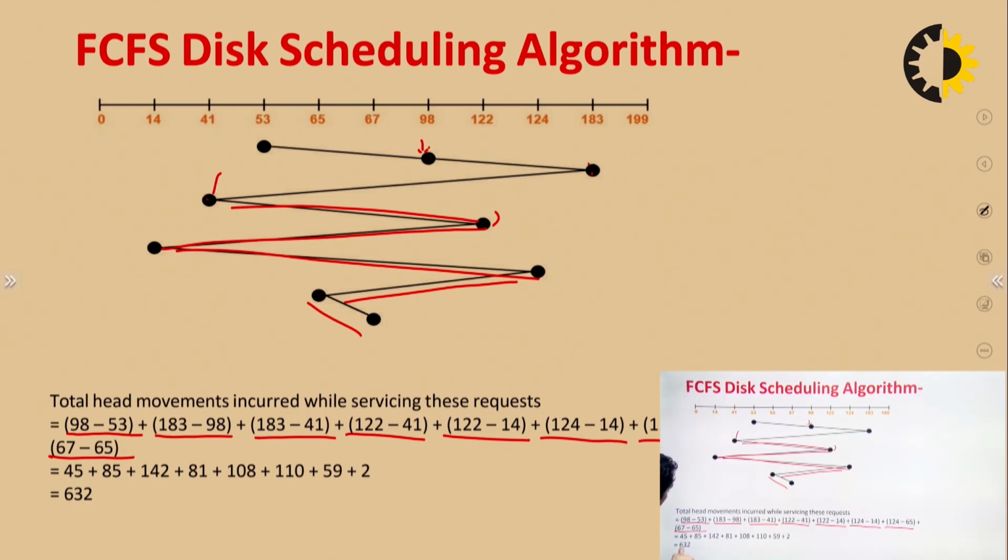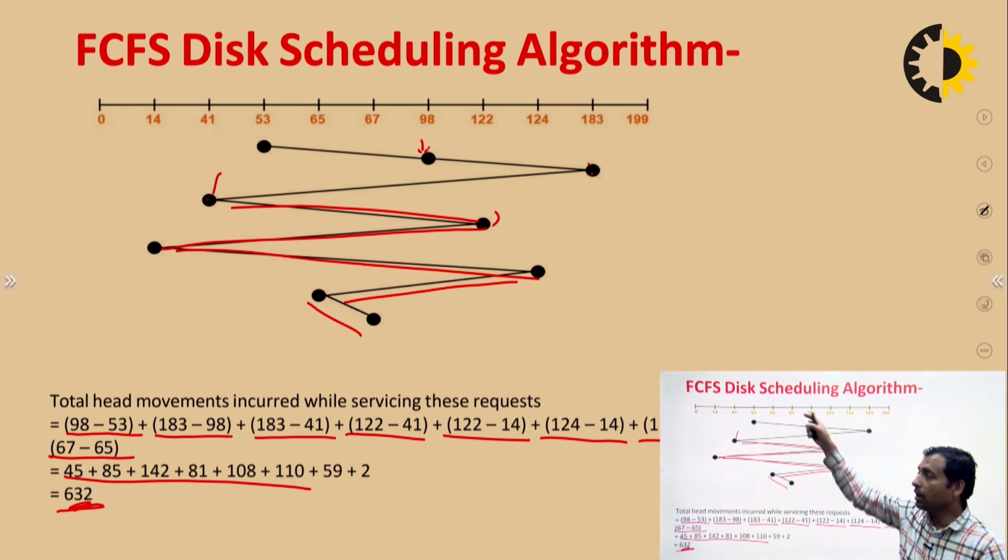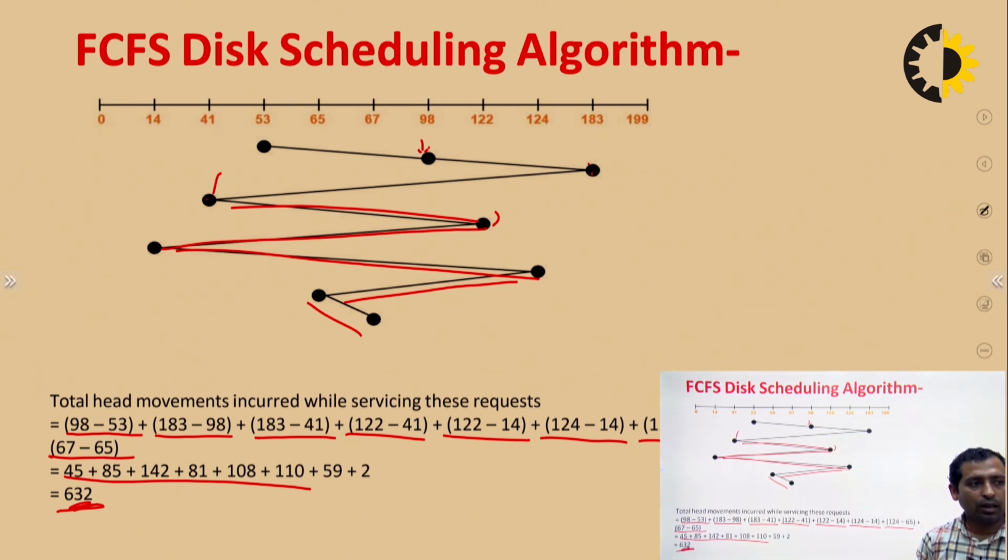So our total movement is 632 cylinders that we move to serve these requests using the FCFS disk scheduling algorithm. This is the simplest one.